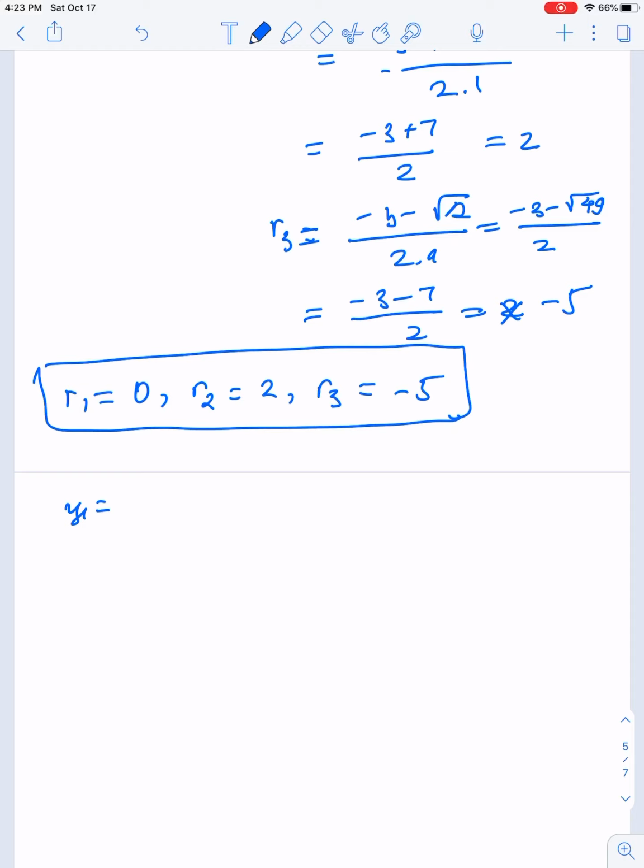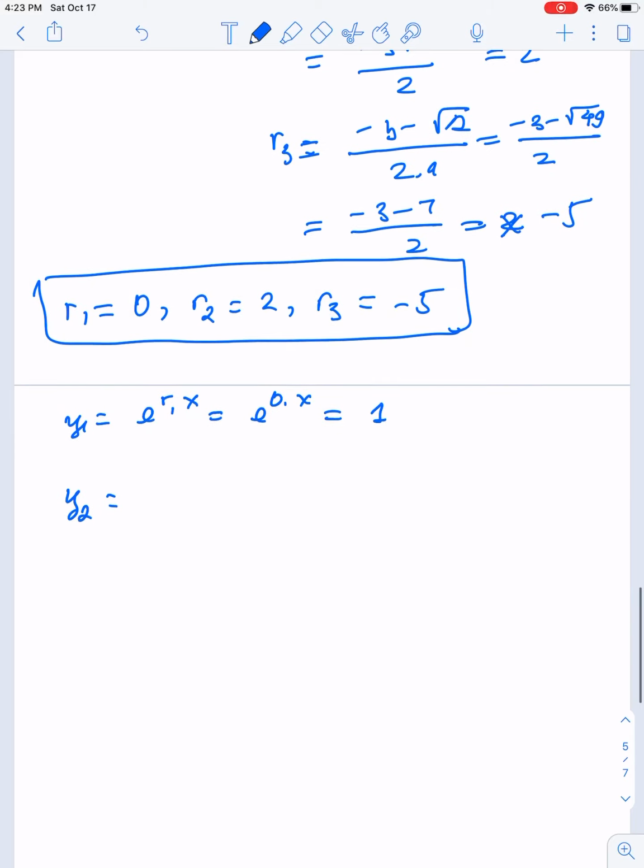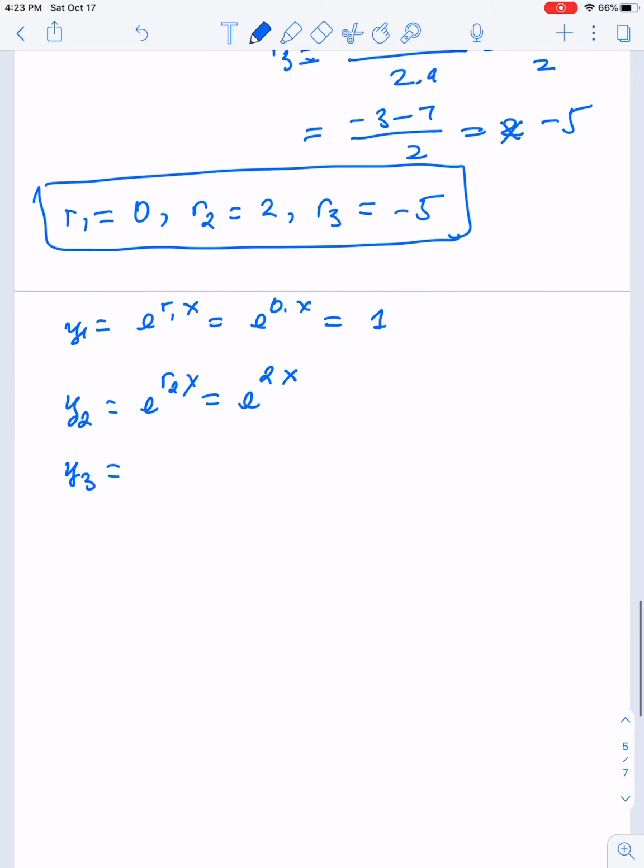Okay, so then we would have y1, which is e to the r1 x, which is e to the 0 x. This is just 1. y2, which is e to the r2 x, e to the 2x, and y3, which is e to the r3 x, e to the negative 5x.